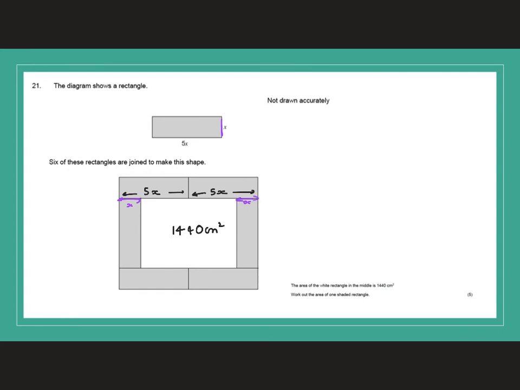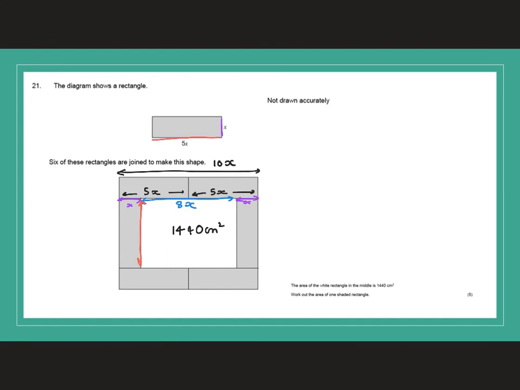So in total, from here to here, this is 10x, which means if we work out this part from here to here, it's got to be 8x. So the whole thing works out to be 10x. Now, what do we know about this measurement from here to here?